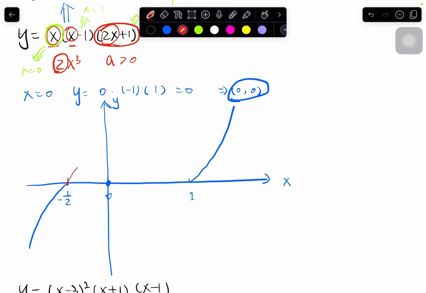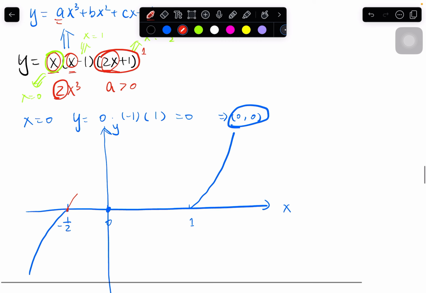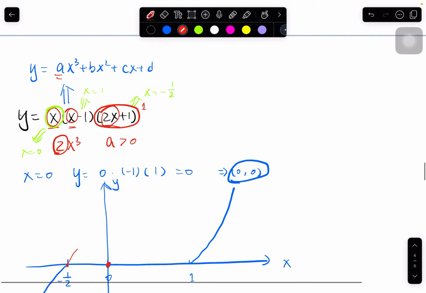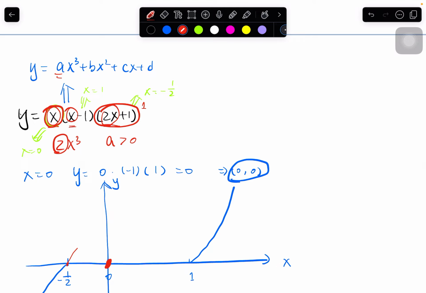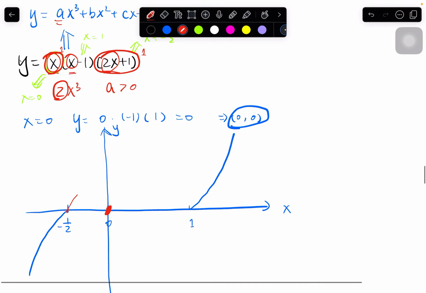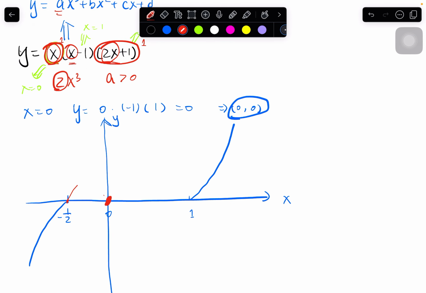Then we decide the behavior at x equals 0. So here, this term contributes to this interception. The k value here is also 1. So we're also going to pass through here.